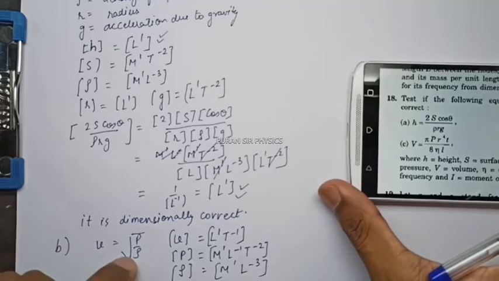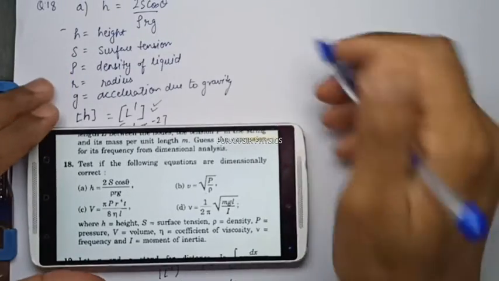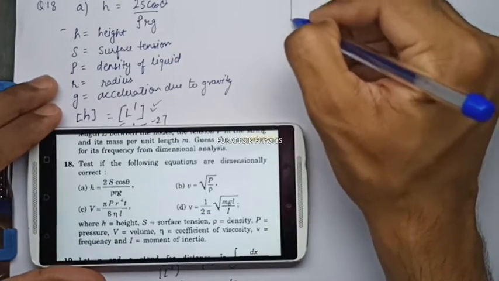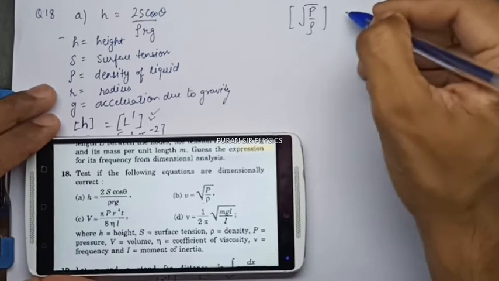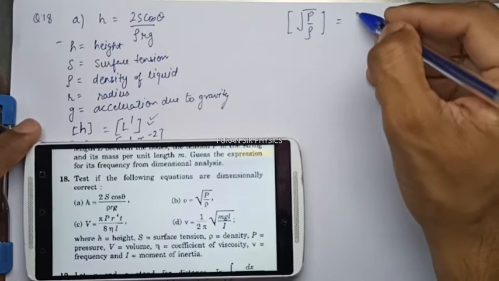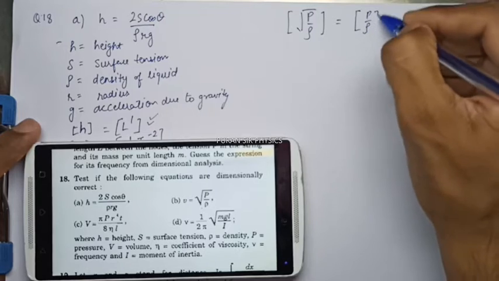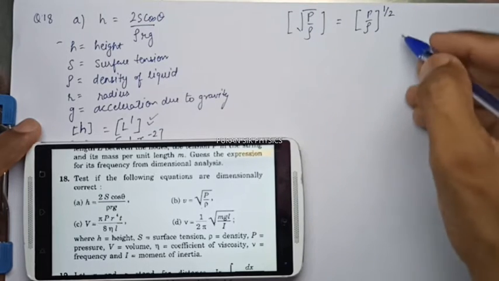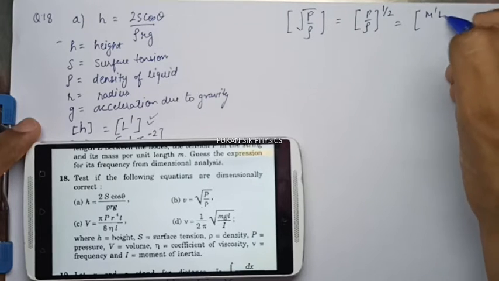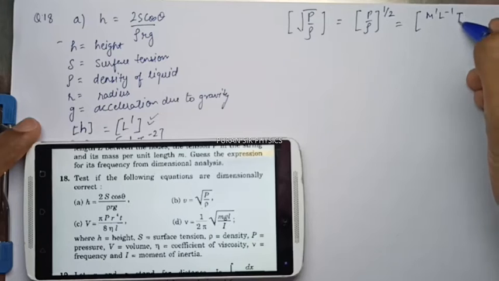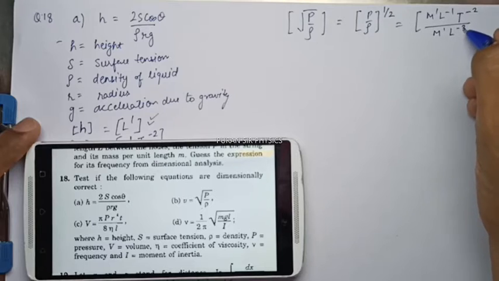Okay, so now we'll find the dimension of right hand side. So dimension of square root of P by rho will be dimension of P by rho raised to power 1 by 2, and this can be written as P is M raised to power 1 L raised to power minus 1 T raised to power minus 2, and rho is M raised to power 1 L raised to power minus 3.